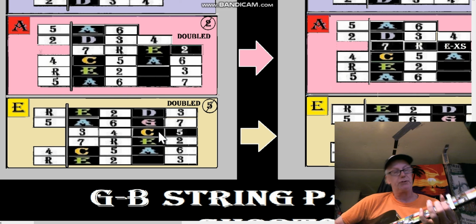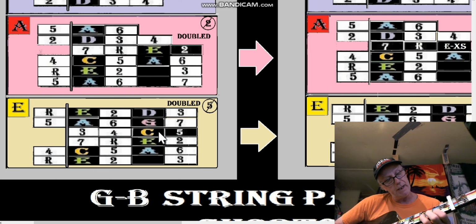Now I'm starting an E pattern right here. 7, root 2, 3, 4, 5, 6, 7, root 2, 3, 4.